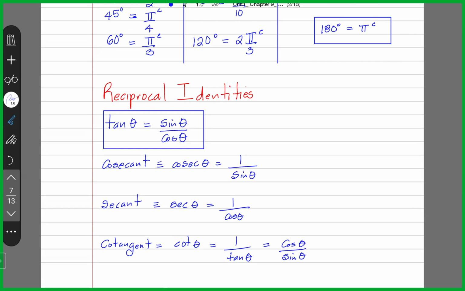And there is cotangent, cot for short. The cotangent of theta, or cot theta, is 1 over tan theta. And 1 over tan theta is cos theta over sine theta.